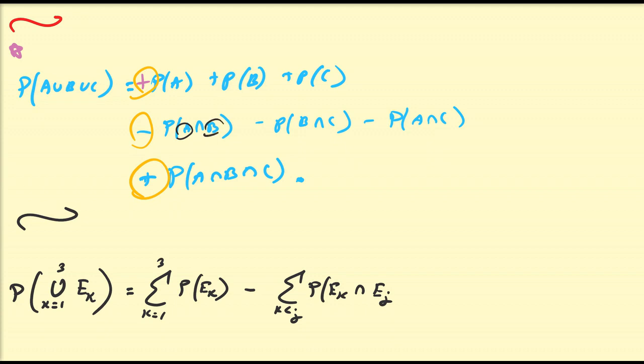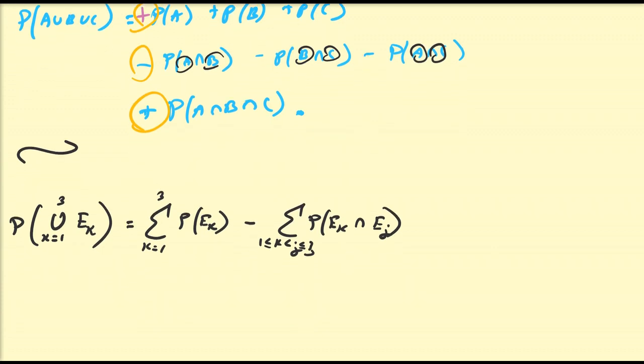Because this is E1, E2, E2, E3, E1, E3. So of course 1 is less than 2, 2 is less than 3, 1 is less than 3. So this will be true as long as k and j are both between 1 and 3.